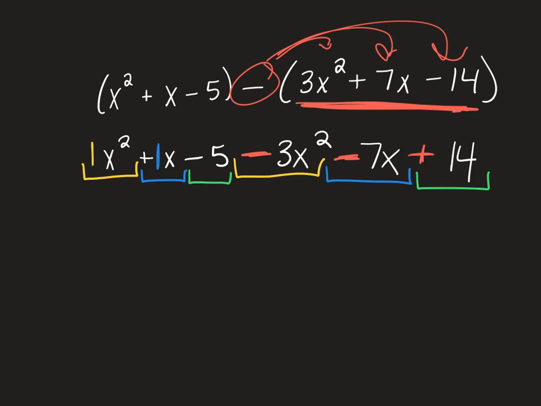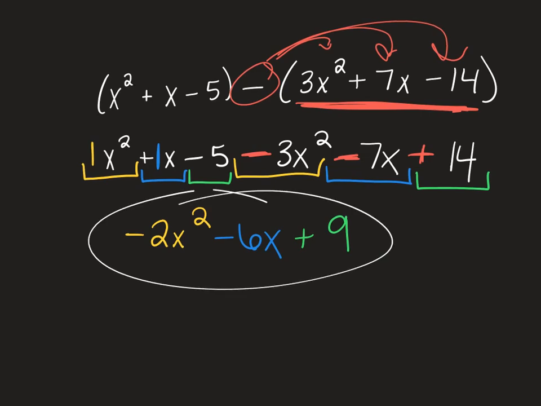So 1 plus negative 3 is negative 2x squared. 1x plus negative 7x is negative 6x. And then negative 5 and positive 14 give us a positive 9. And that is our final answer.